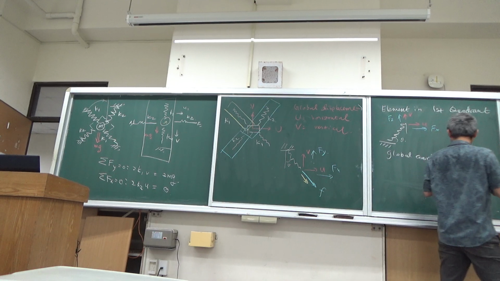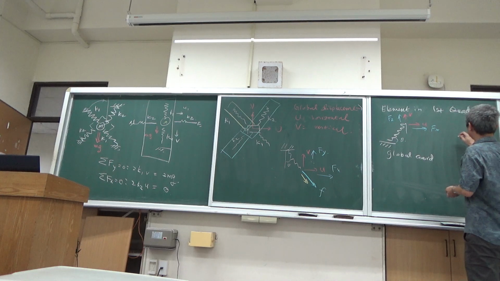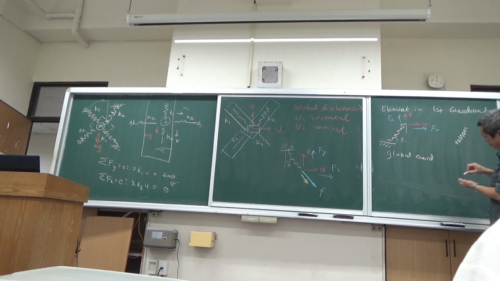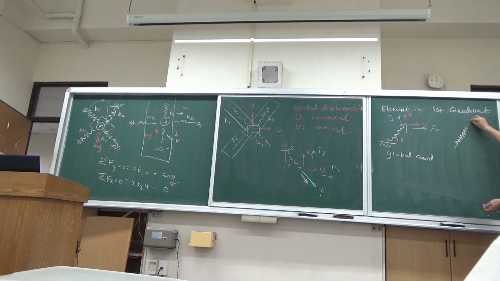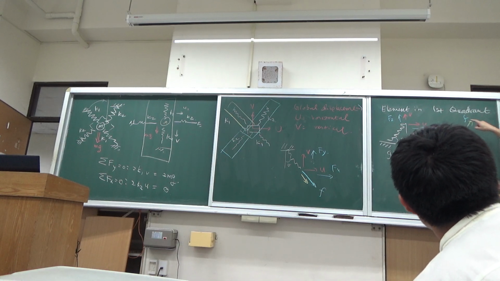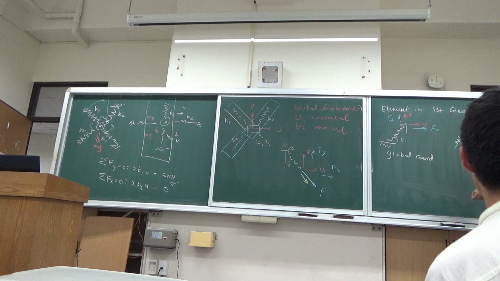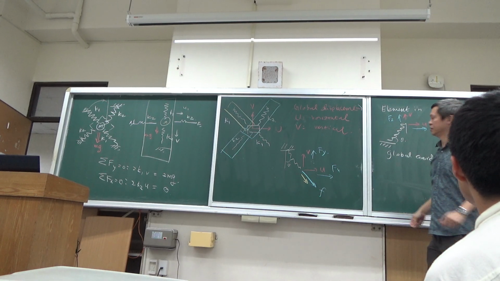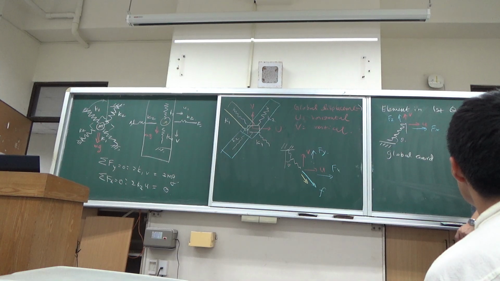But to the element here, I want to see it along the element axis. How much is the extension force along the spring? How much is the displacement along the spring? This is what we call a local coordinate.